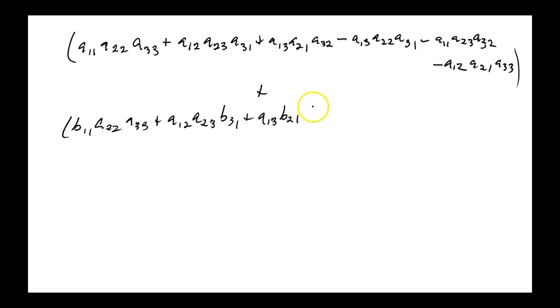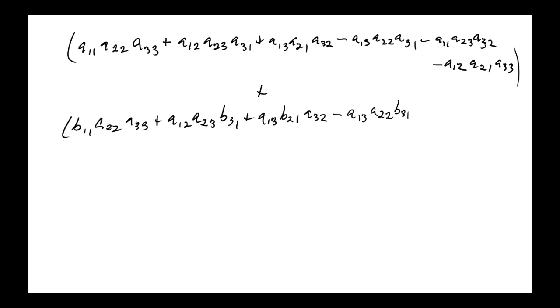Minus A13, A22, B31. Yeah, that one would be the one that changes it. I may have done a different order than you did, but those 3 are in there.